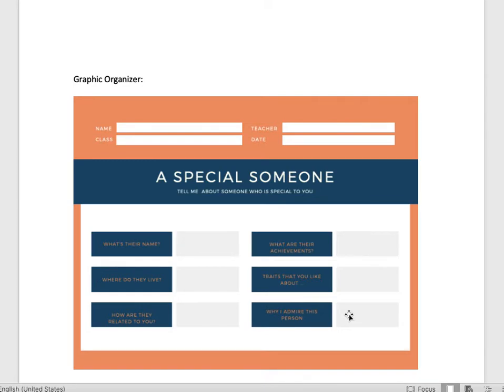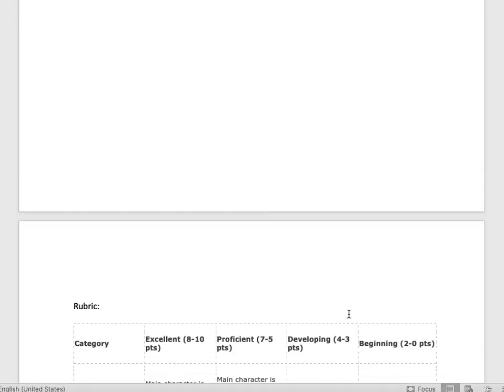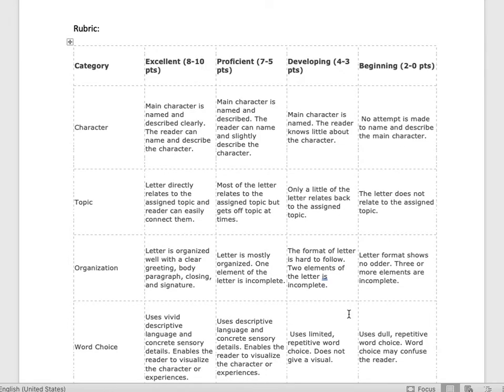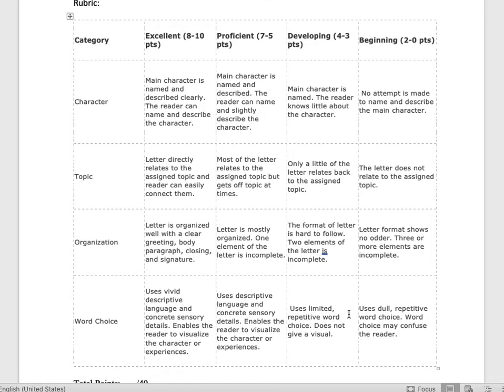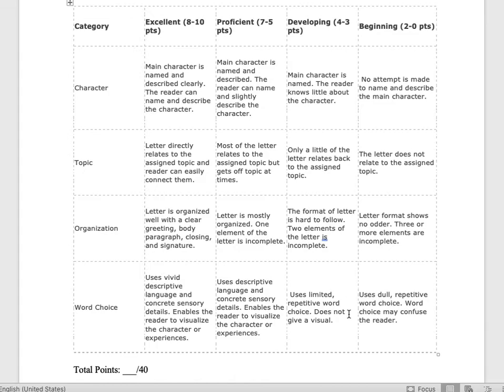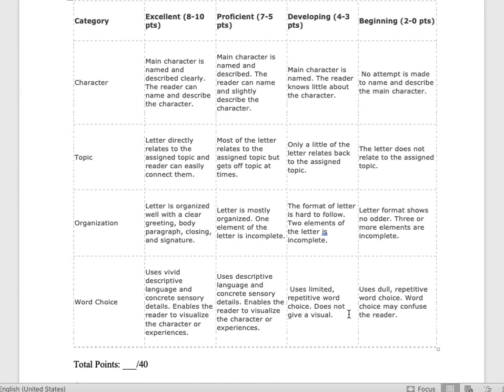To help them publish their letter, they will be provided with a rubric to see exactly what I'm looking for. I'm looking for a character. I'm looking for, is the letter on topic? I'm looking at the organization, making sure that they did the greeting, body paragraph, signature, and closing, as well as word choice.